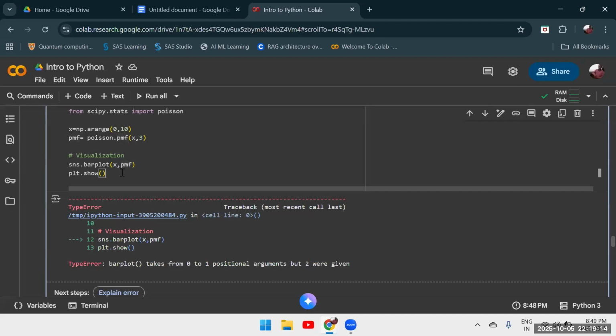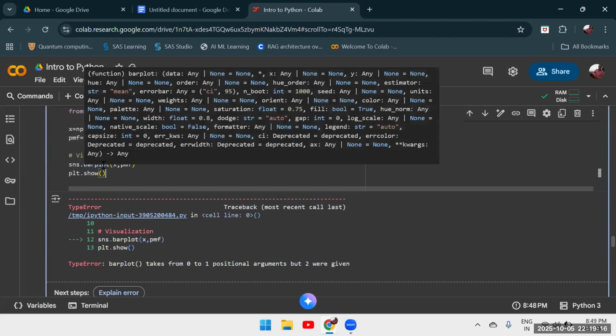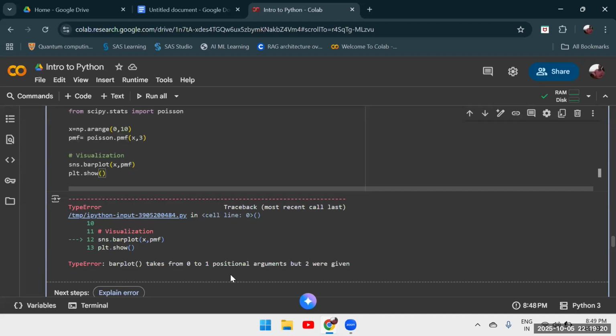For visualizing with a bar plot, you see what has happened? It says 0 to 1 positional arguments, but 2 were given. Basically the bar plot can take only 0 or 1 argument.